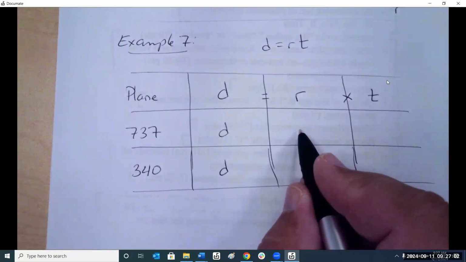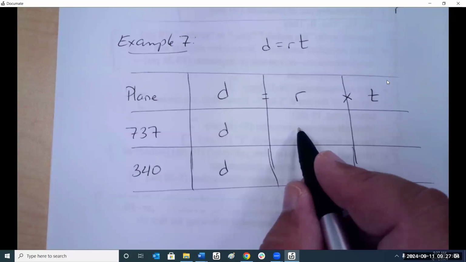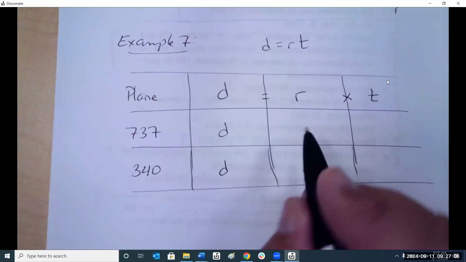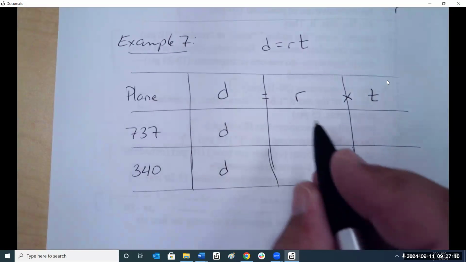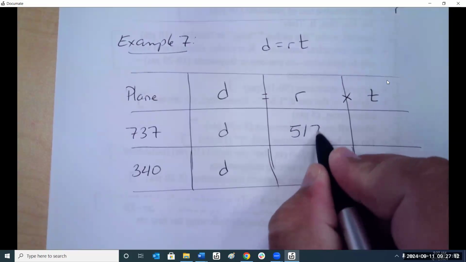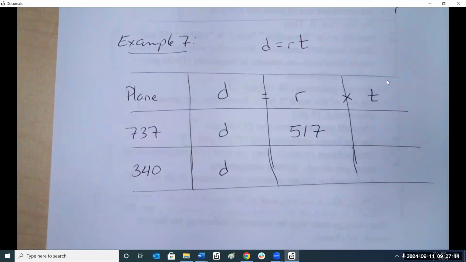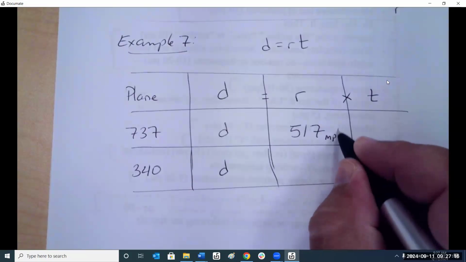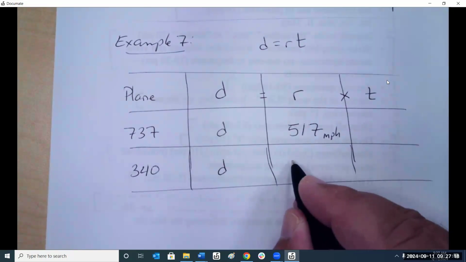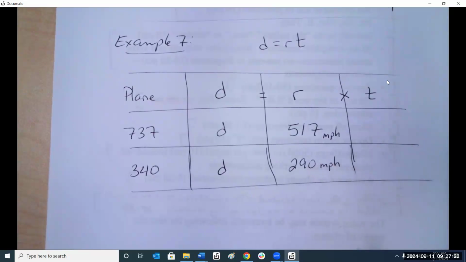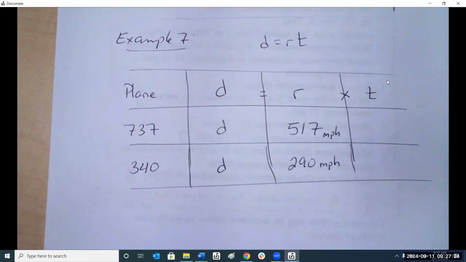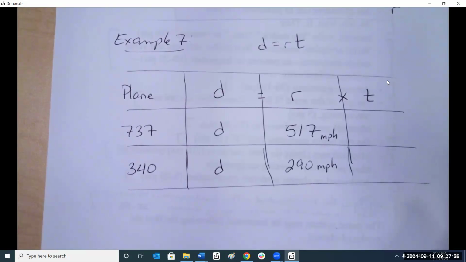Do we know the rate? How fast does a 737 fly? 517 miles per hour. And the Saab goes at 290 miles per hour. Here's the problem.